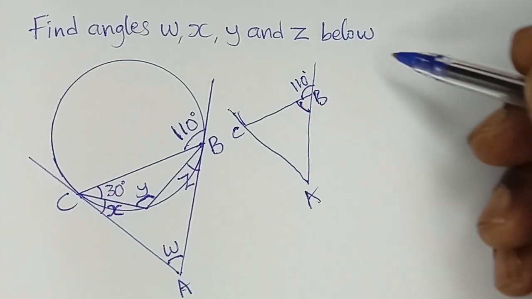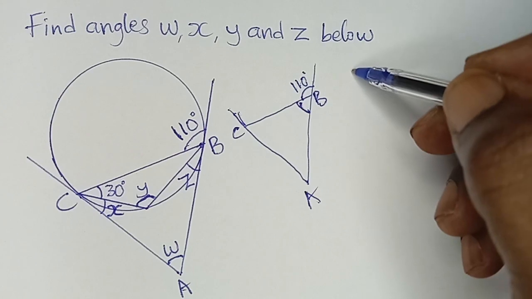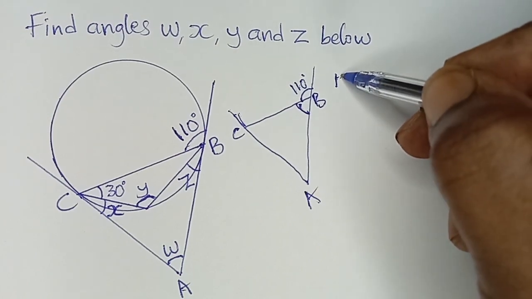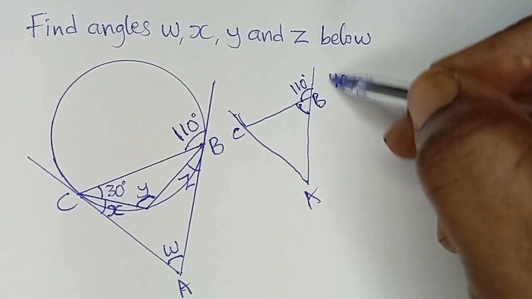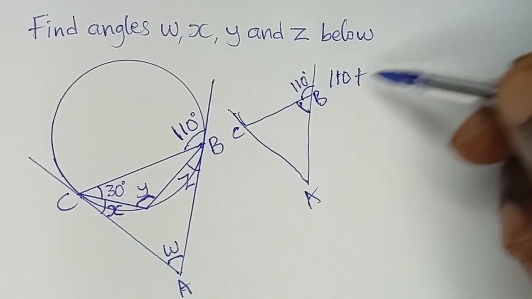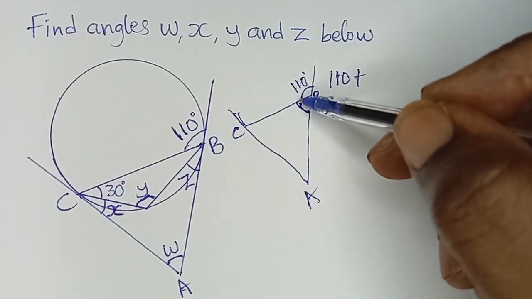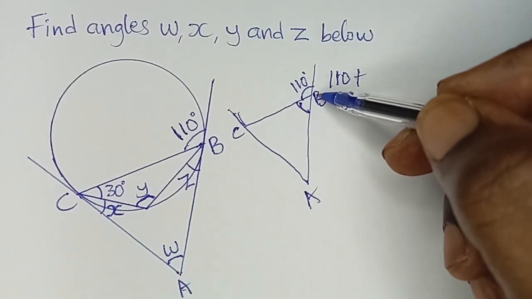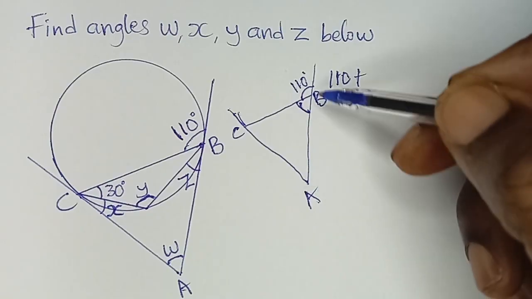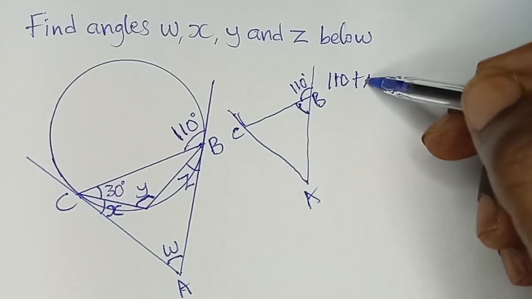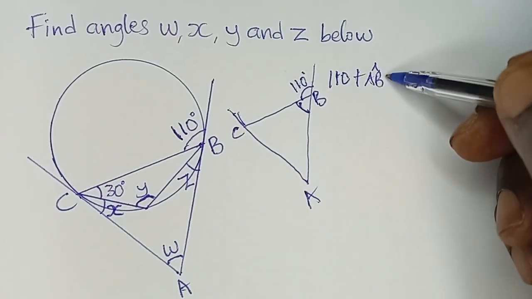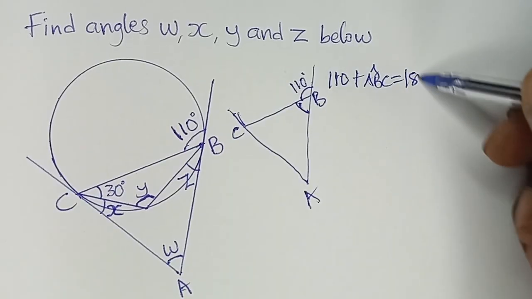So from there, I can simply say that 110 plus this angle B here, let me call it angle ABC, is equal to 180.